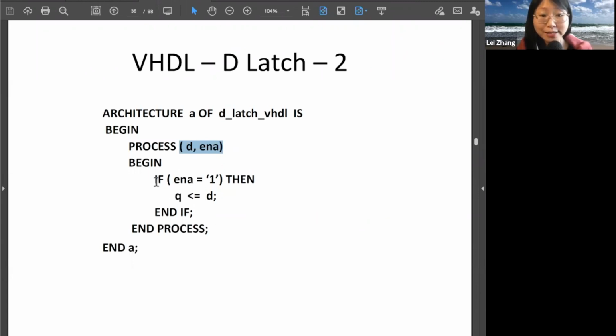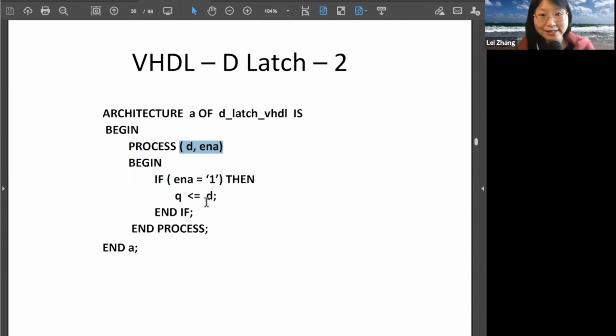Within the process, we have an if-then statement. If ENA equals 1, enable equals 1, D gets assigned to Q. This is very simple. You may say, oh, what happens when else? If ENA equals 1, then D gets assigned to Q. This statement implies, so it does this, but it doesn't show you that.